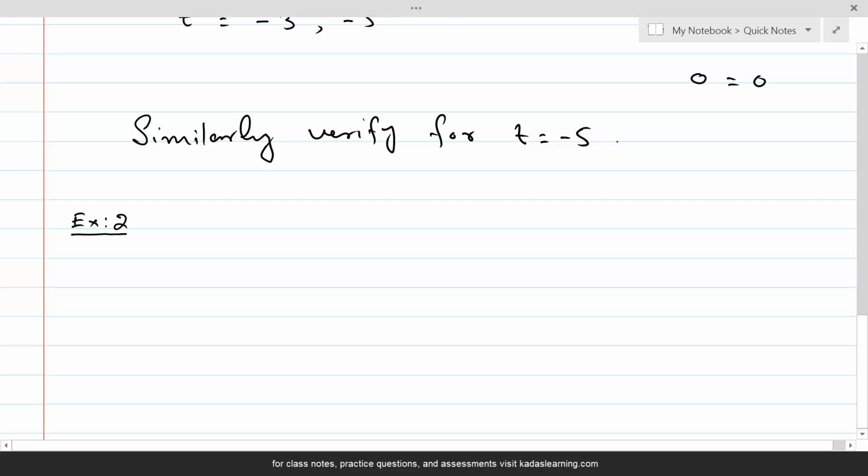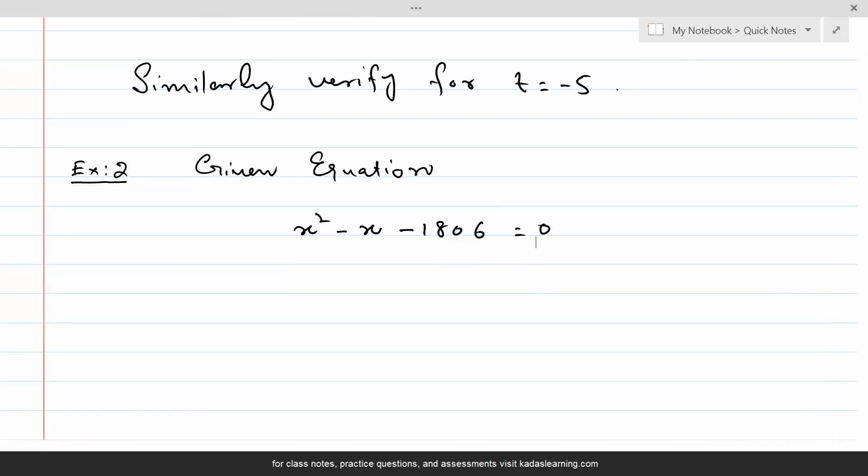In this example, the given equation is x squared minus x minus 1806 equal to 0. The constant term is pretty big, but that's fine.